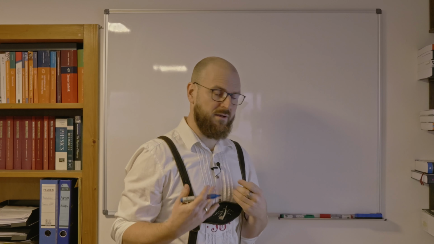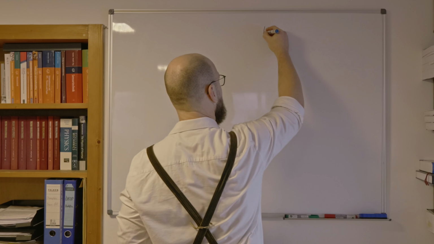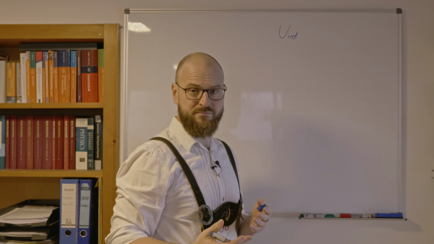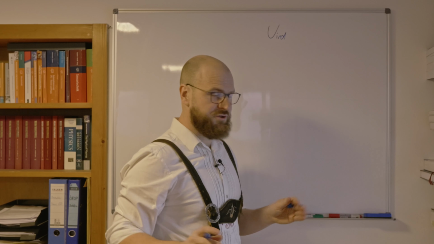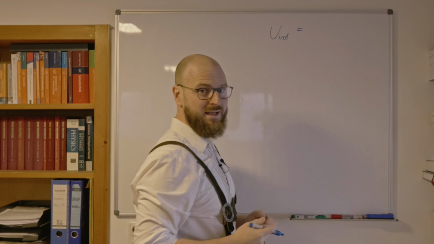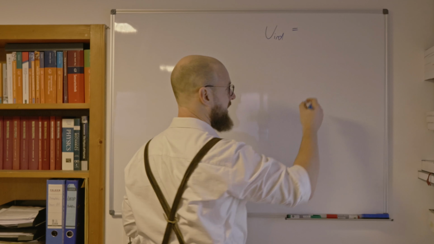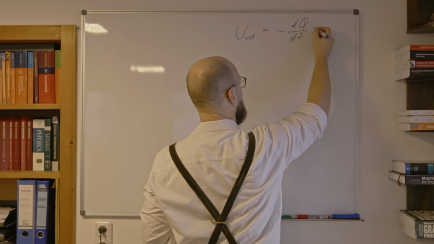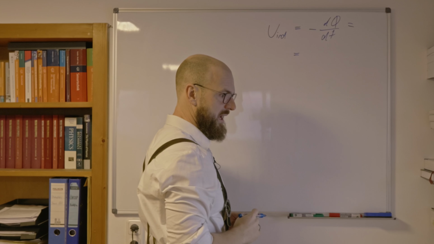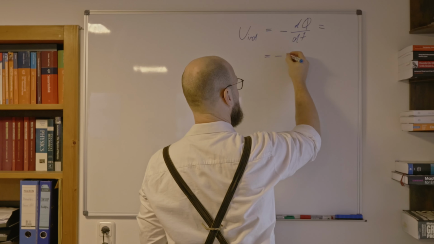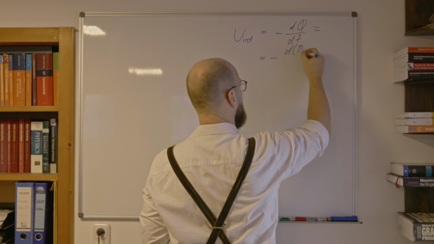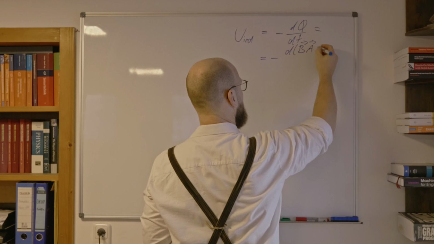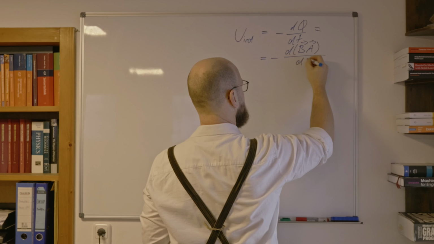So the most important thing for us is that whenever a magnetic field changes in any way, we will get an induced voltage, which is minus d phi over dt, whereas d phi is nothing else than the magnetic field multiplied by the area it covers.